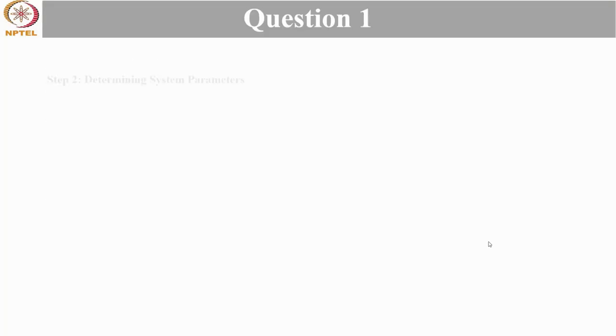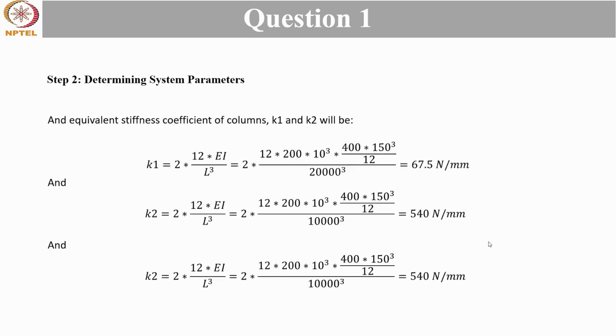So once we have obtained the mass, the next step is to determine the stiffness. Since the columns are in parallel, the equivalent stiffness, as we discussed in week 1 of the course, is given by 2 times the stiffness of one column. So K1 will be 2 into 12 EI by L cube. We know E, which is 200 GPa for steel, so it is 200 into 10 to the power 3 MPa, and I is BD cube by 12.